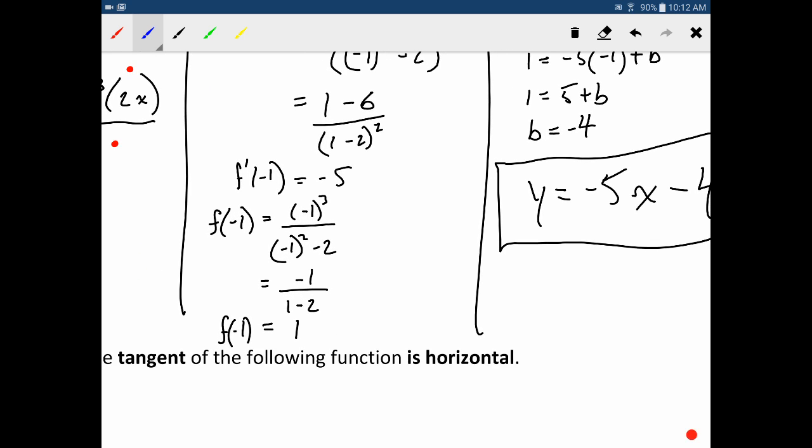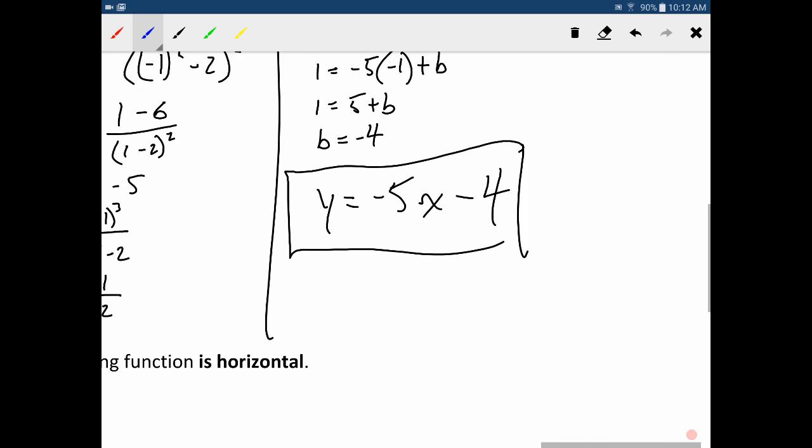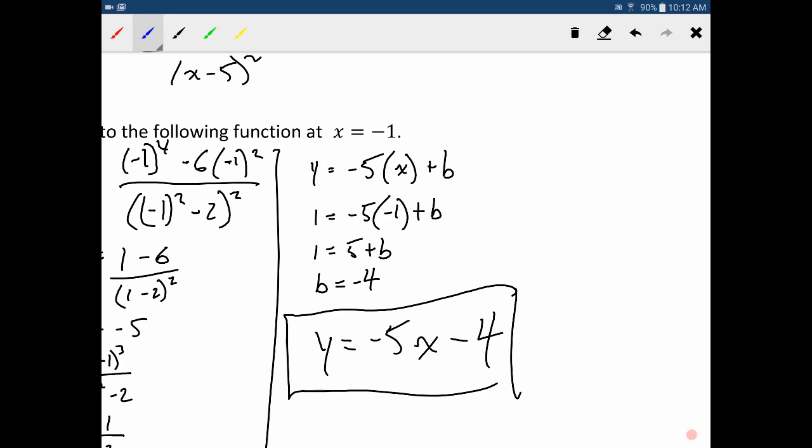The other thing that we then have to do is find out what f of -1 is, not the derivative. So we use the original function, we sub in x equals -1, and we find that the y value is equal to +1.